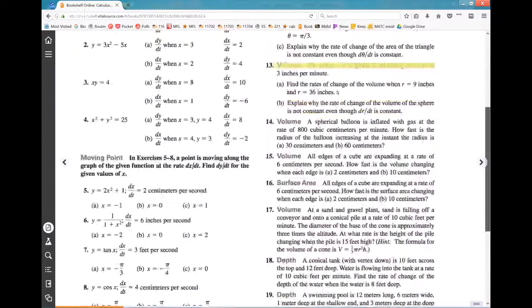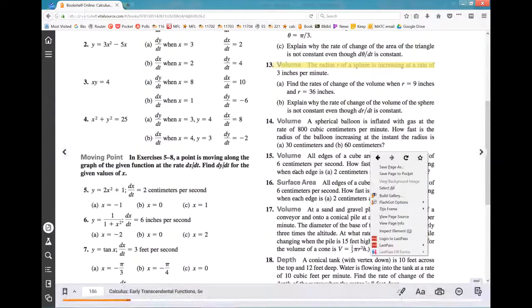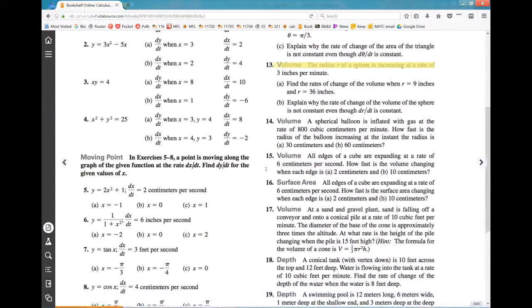You are given a word problem, and sometimes they'll give you the formula, like you see down here in number 17 they said, hint, the formula for the volume of a cone. Oh, by the way, there's the formula I just used in problem number 18. So sometimes they'll just tell you. But anyway, you've got to do the geometry and whatever in order to get this into a form so that you can really execute the implicit derivative.